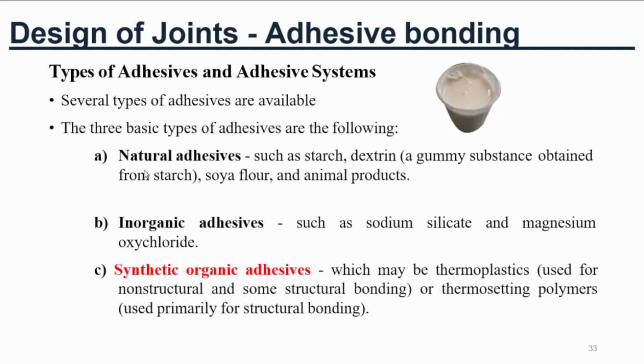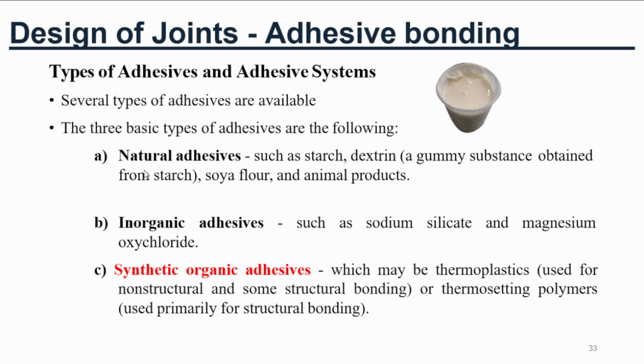Here you can see soya flour. This is used for wood-based products like plywood. Soya flour, soya powder is used as a glue for plywood. Then dextrine, starch.